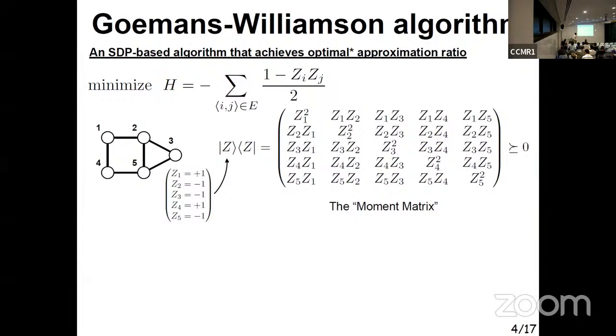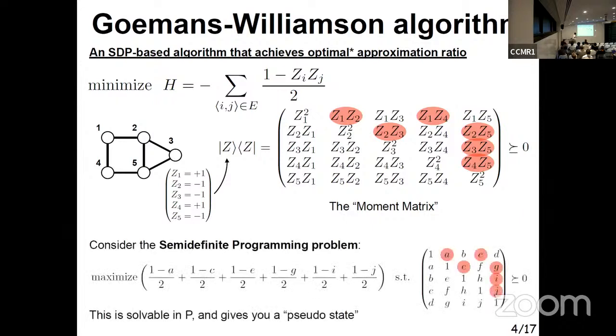And the nice thing about this is that because of this construction, you can always guarantee that this has to be positive semi-definite, meaning that you never have a negative eigenvalue of this thing. And if you look at this moment matrix for a while, you notice that everything that comes into this cost function actually also shows up in this moment matrix. So you can turn this whole thing around and come up with a semi-definite programming problem, meaning that you want to minimize.